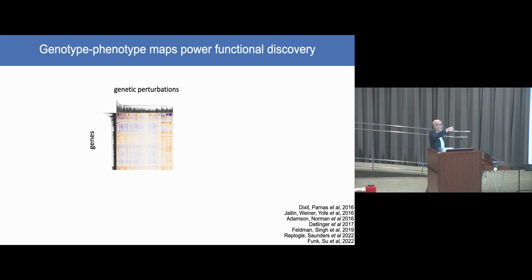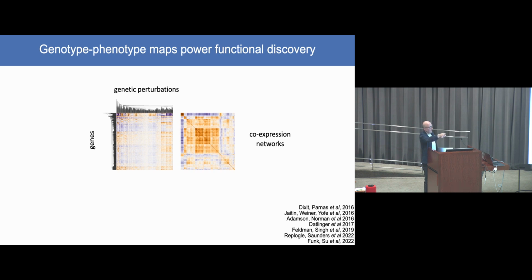So this is turning down one gene versus another gene, and the effect on the transcriptional response. You can now cluster genes based on their co-expression networks, and each of these modules would be a set of genes that are being regulated in response to a particular challenge.